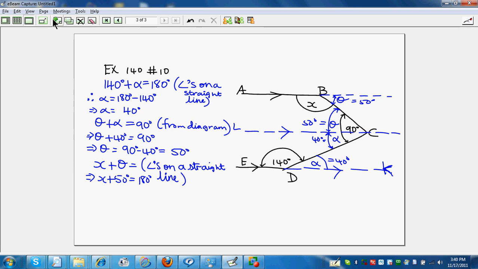So x will be equal to 180 minus 50, and 180 minus 50 is equal to 130 degrees. So that would be the answer for this one.